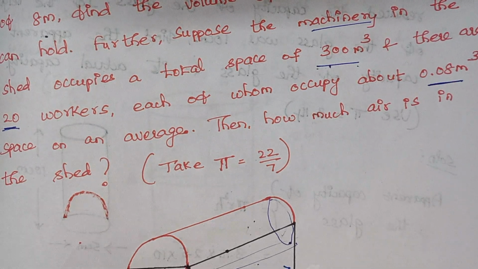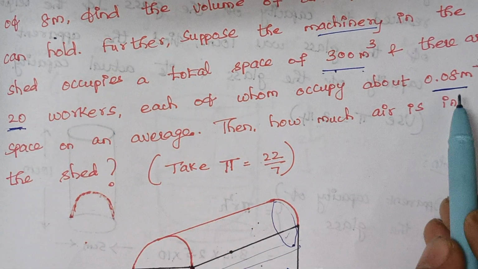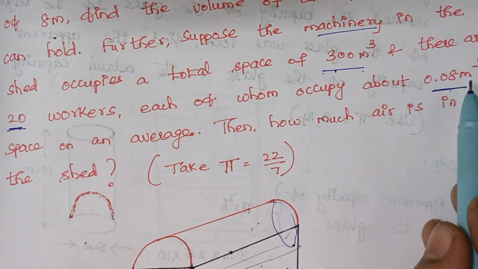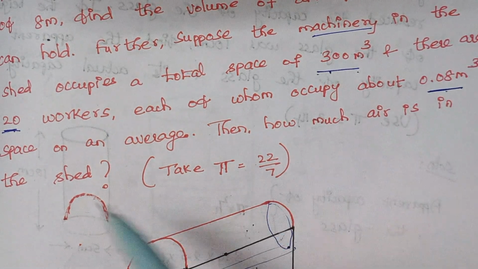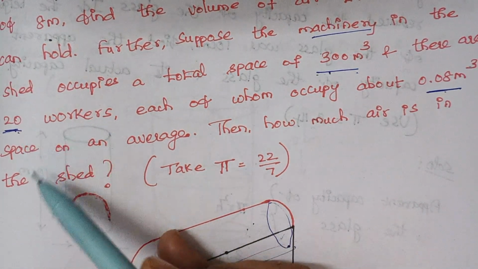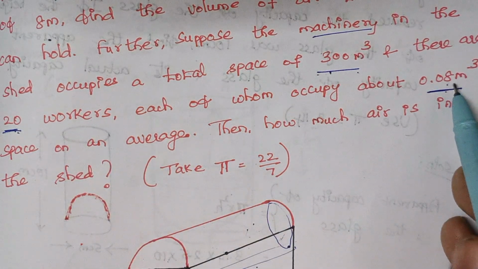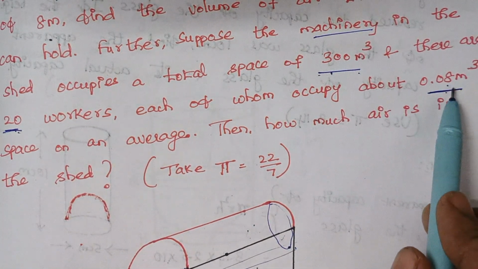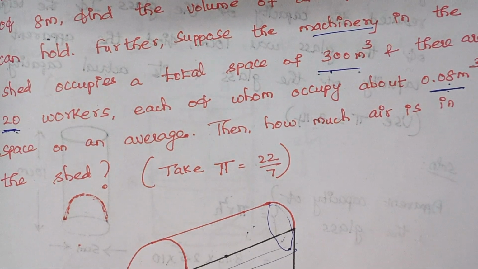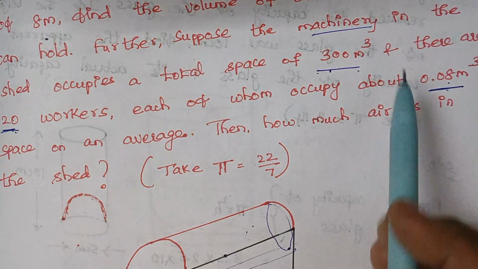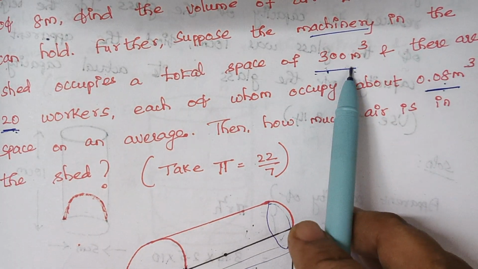the workers? Here just multiply this 20 with this, because this is the volume occupied by a single person, right? So if we need to find the volume occupied by the 20 persons, you just have to multiply, right? 20 into 0.08 gives the total volume of the workers, right? Then the next thing is, the machinery occupies the space of 300 meter cube.